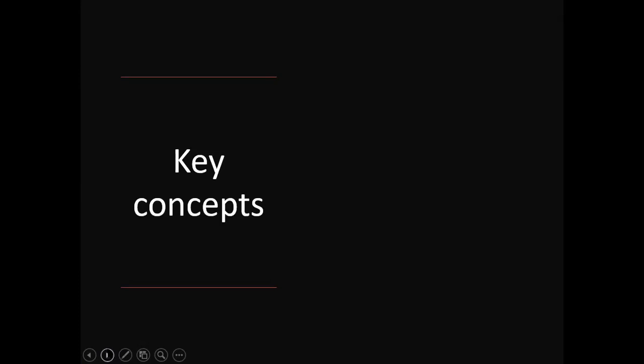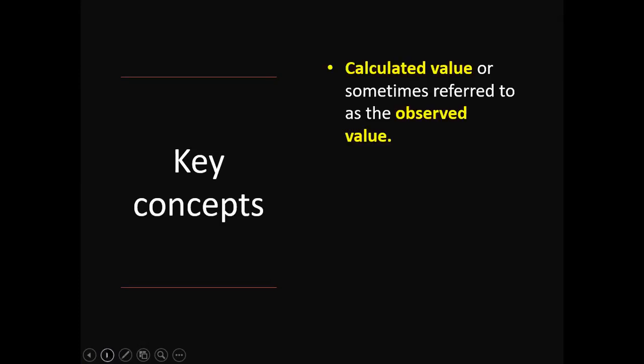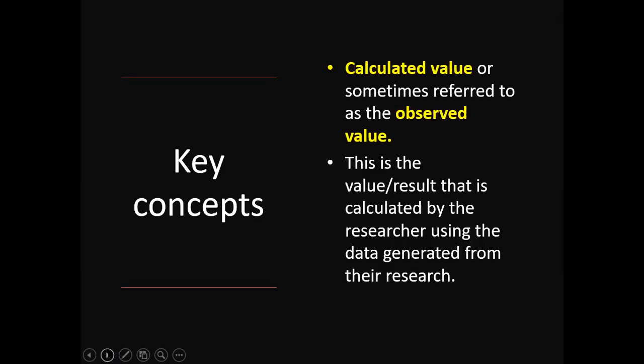Our next key concept that we're going to be looking at is called the calculated value. It is also referred to as the observed value. So both of these mean the exact same things. You know how I like to give you the key terms that could be used for the same things. So the calculated value or the observed value literally means it's the results that have been calculated by the researcher from using the data generated from their research.